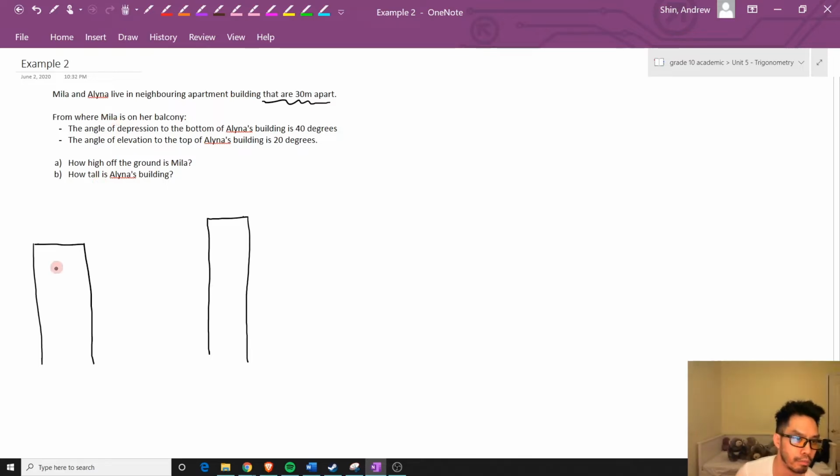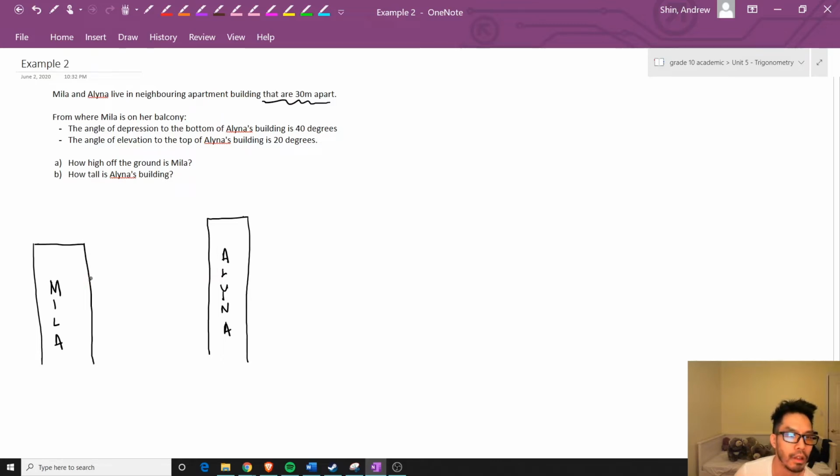So this is Mila in this building. And this is Alina's building. And she's on a balcony. So the balcony is extended off of here. It doesn't really matter.